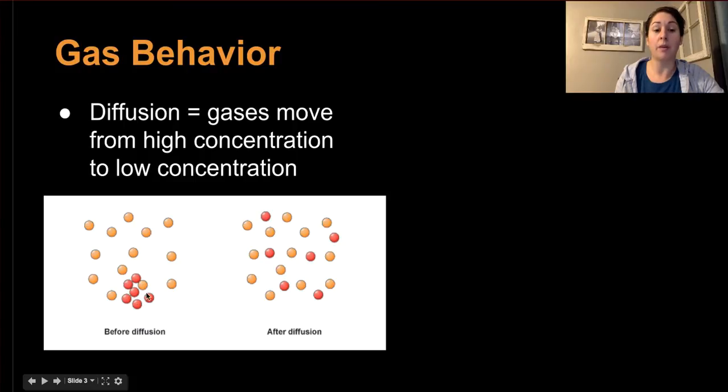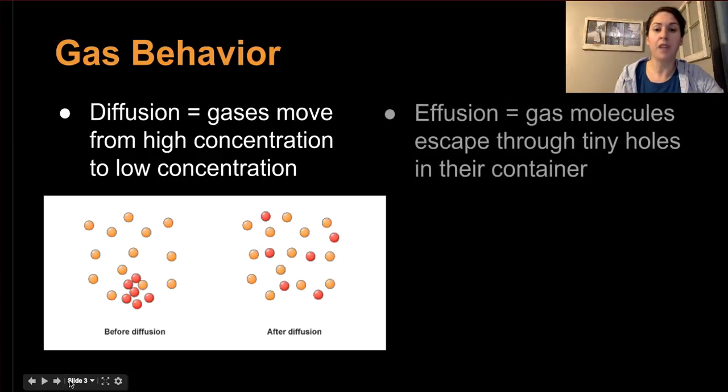You could think of somebody spraying perfume in one location in a room, and after a while, it's going to move throughout the entire space. If it's highly concentrated right here, our sense of smell, or our olfactory senses, are able to detect that pretty quickly, and it'll be stronger. But as it moves out, we'll be able to detect it maybe, but it'll be quite a bit weaker, and then eventually it may diffuse enough that we can't smell it anymore.